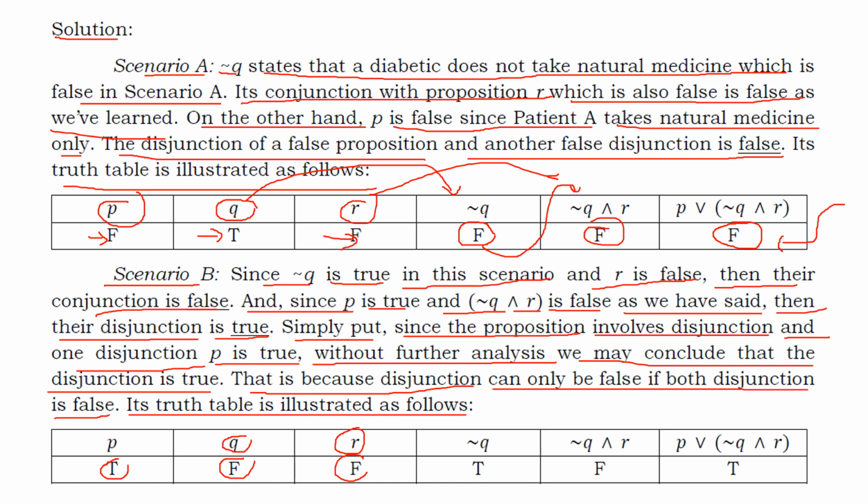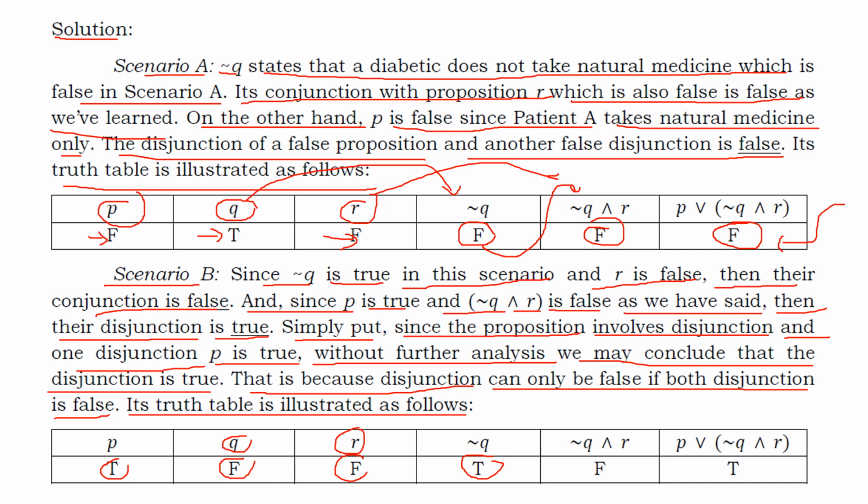Once we're asked to get the negation of Q, that is automatically the opposite of the Q proposition, which is false, and that's why it is true here for negation Q. Because it is totally opposite of the Q proposition, which is false.